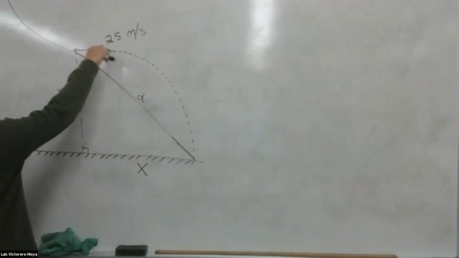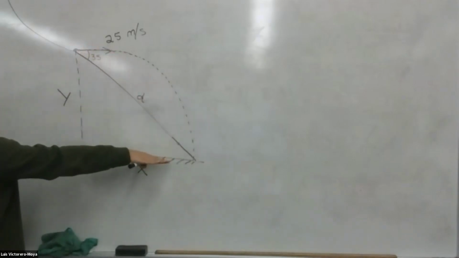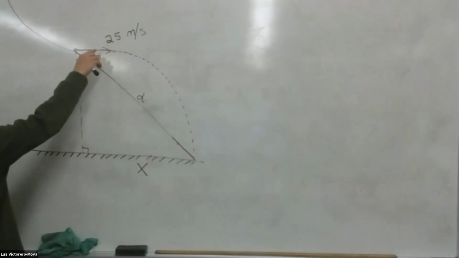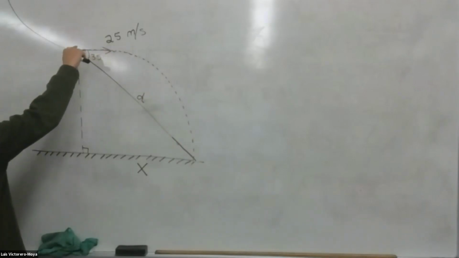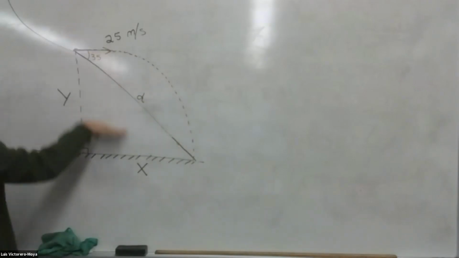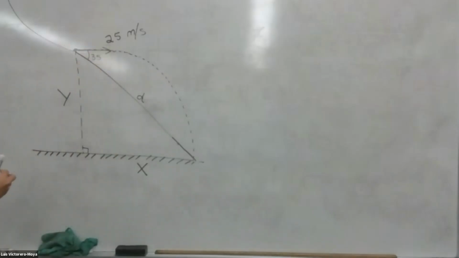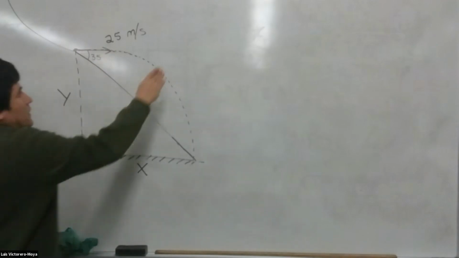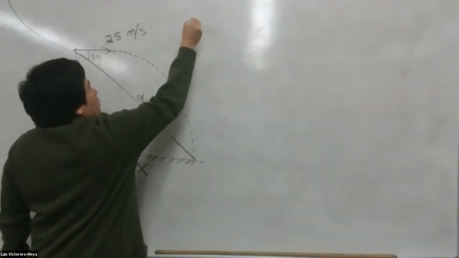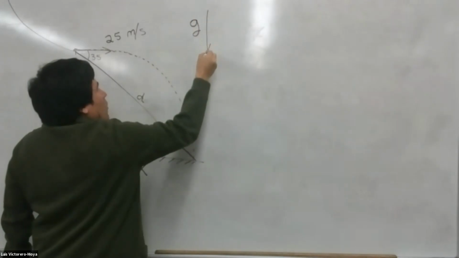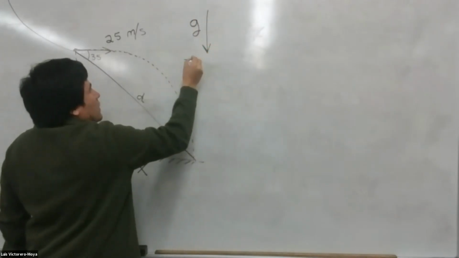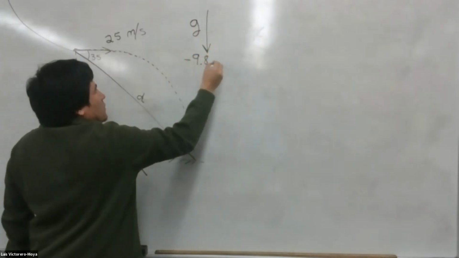You see, with respect to the horizontal, the velocity or the speed that the ski has when it leaves the slope in the jump is horizontal, right? Horizontal. There is no vertical initial speed. Now we know that gravity is always pointing downwards at negative 9.8.